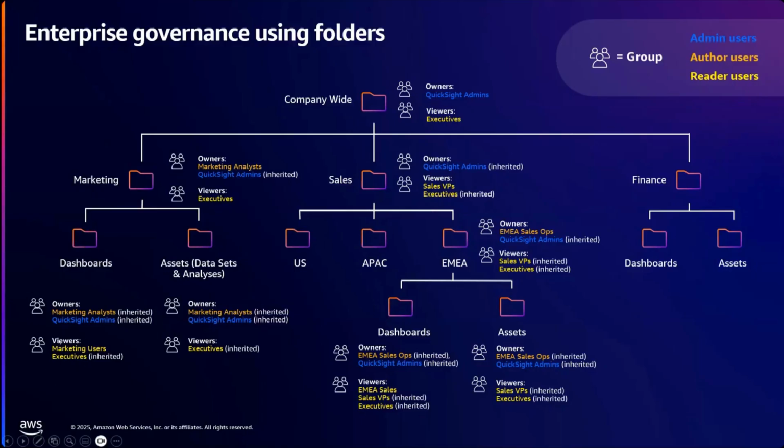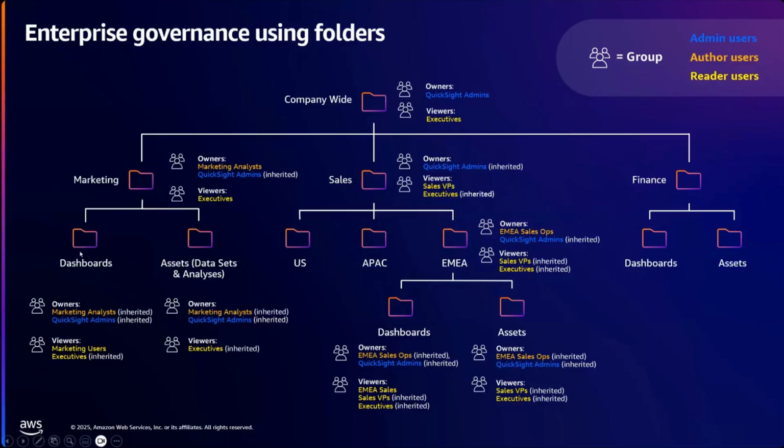So in this example, when any executives come in, they will be able to see all the folders, but they won't see any content in any of the assets folders because that is restricted, since these are readers and they can only see the dashboards. And this folder contains only the analyses and data sets.